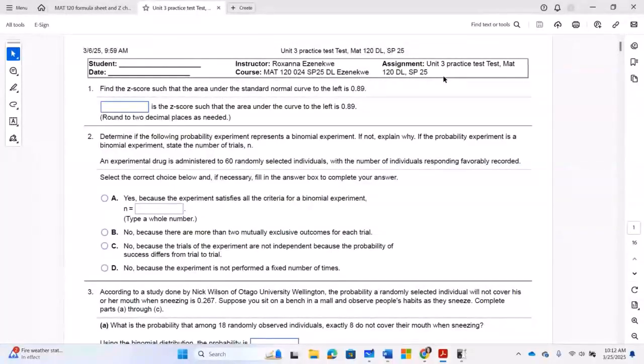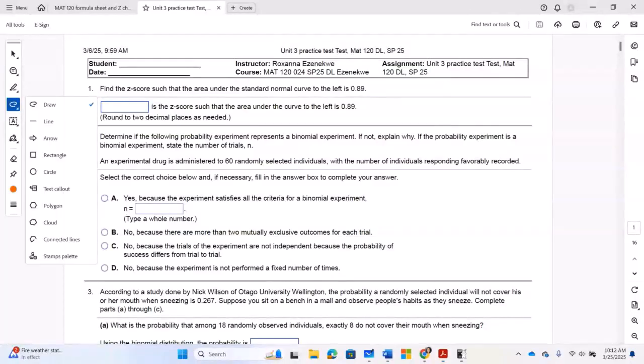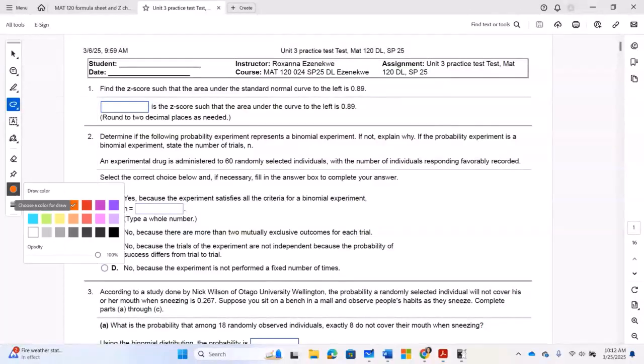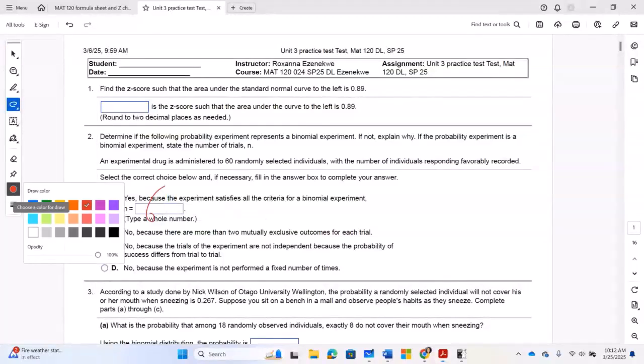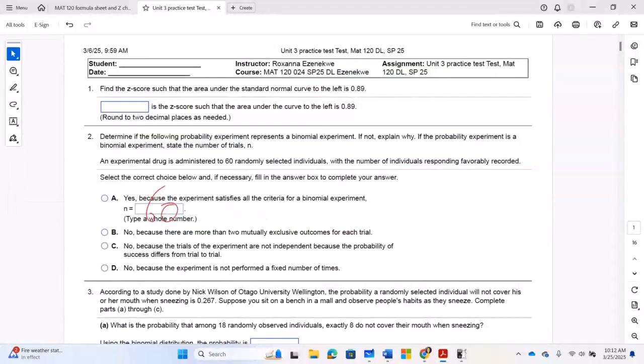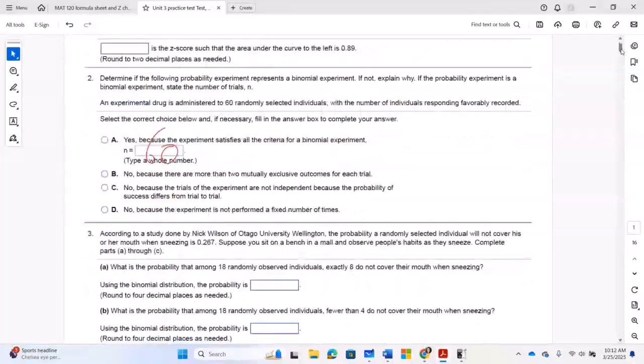So we have the sample size, n is equal to 60. That's it. A is the answer. So we put 60 here. N is equal to 60 because they give us the sample size. Of course, if the sample size is not given to you, it is not binomial. That's all the question.